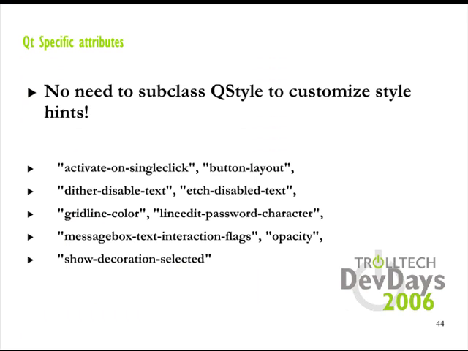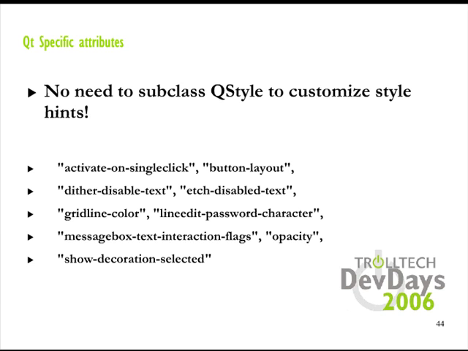With style sheets, when we developed style sheets, we figured that there are these few properties which people want to change, which are style hints. If you want to actually tweak a style hint, you will have to write a style proxy. And if you have to write a style proxy, you have to re-implement at least, I think, 8 virtual functions in QStyle, which is a pretty tedious task.